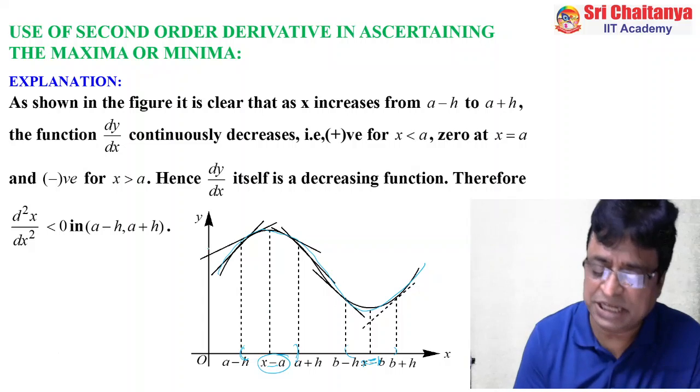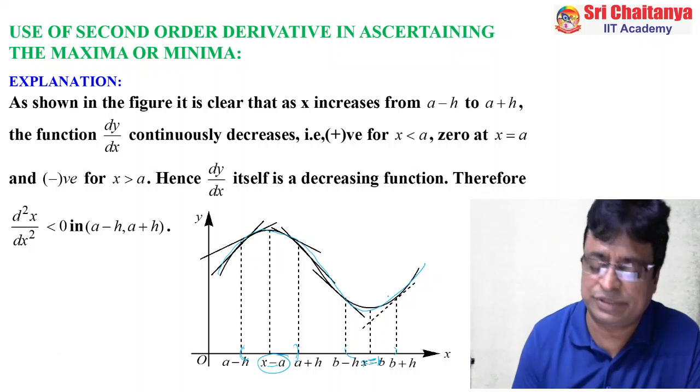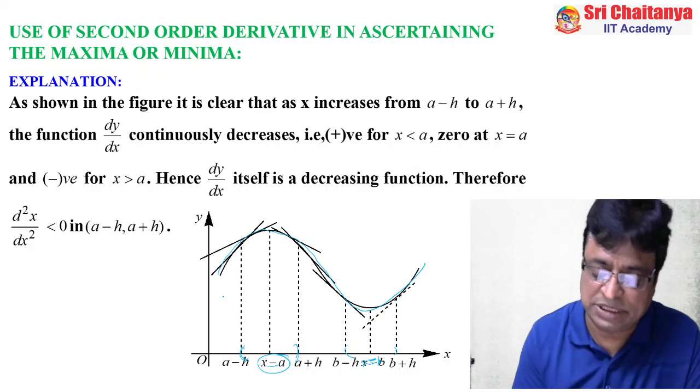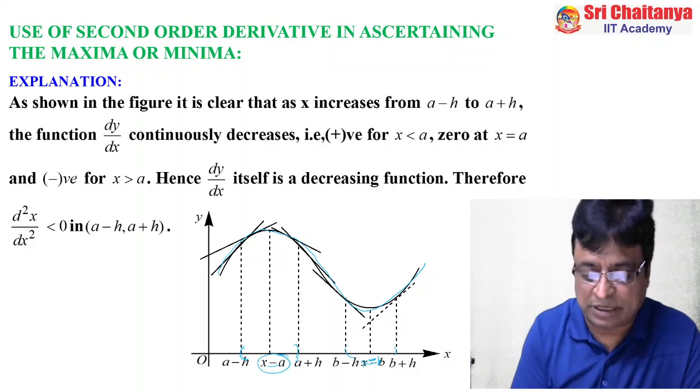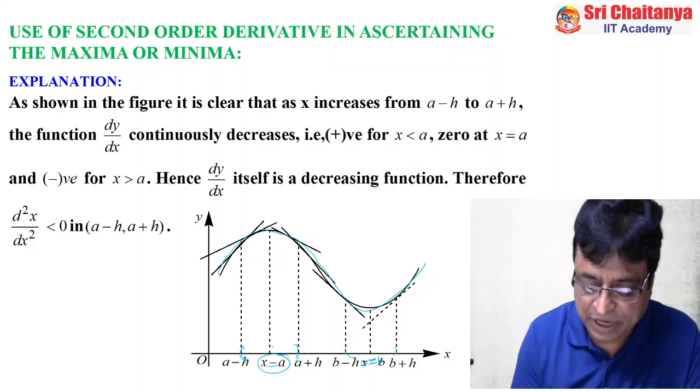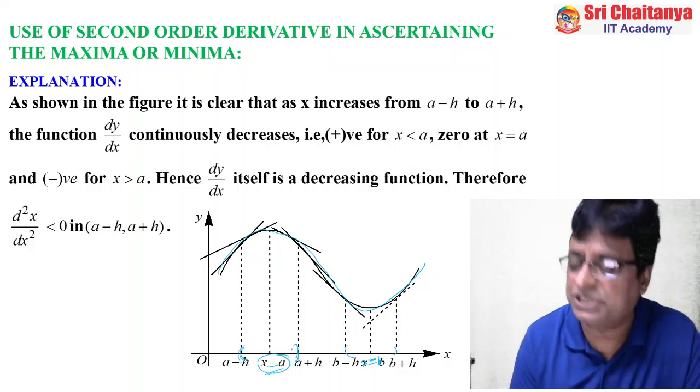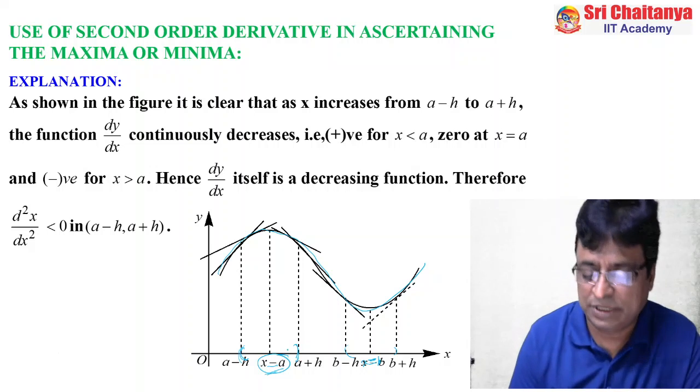That means there are no breaks at all, and at each and every point on the curve, as I have shown in the figure, tangents are possible to draw. And this is the neighborhood of x equals a, which is (a minus h, a plus h).